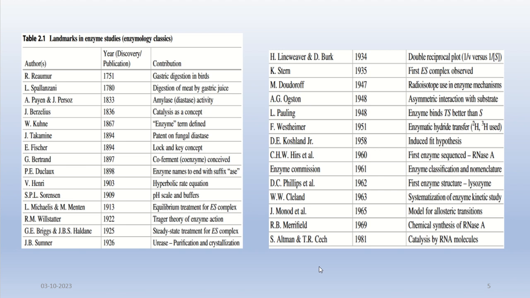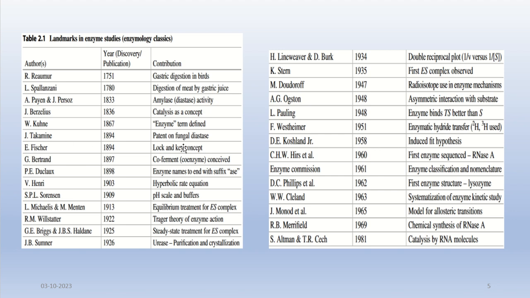Then after 1836 books were written on the enzyme chapter, because Berzelius accepted this concept, the catalysis concept. So Kuhne gave the term enzyme. Until then, no one knew what enzymes were. They understood only that the reaction is required.